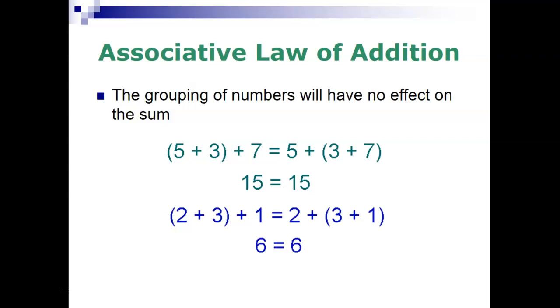However, the second you throw something else in there, like a subtraction, multiplication, or division, that law no longer applies. Does that make sense? Figure I'd boil that down for all y'all, because all this just gets overly complicated, and I am not going to make it complicated if I can help it.